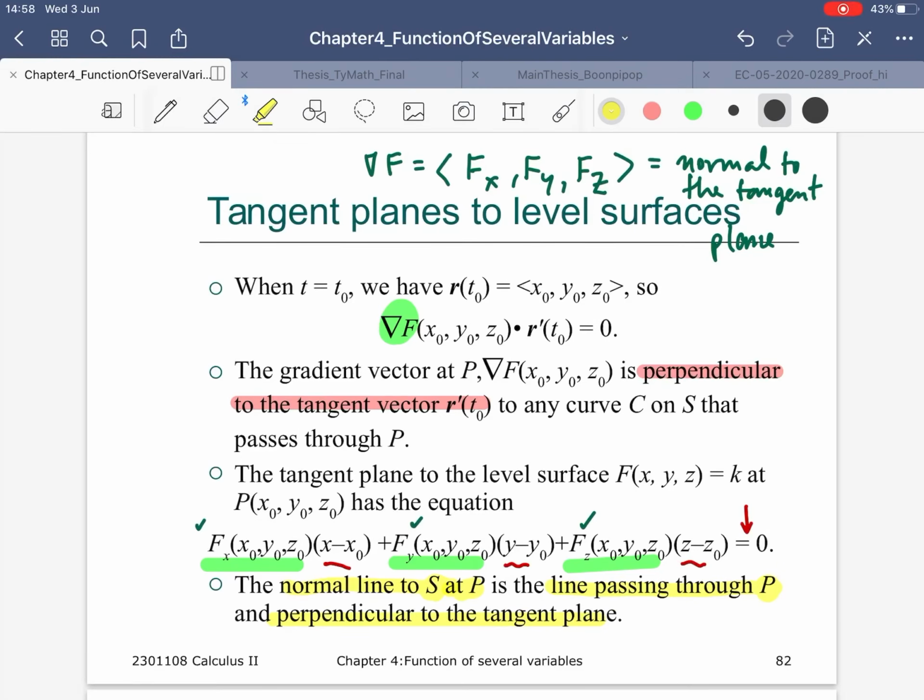The normal line is just the line that has P as a passing point and has the gradient as its parallel vector, and whenever you have a point that it's passing through and the vector that's parallel to that line, you can just go ahead and find the equation of the line.